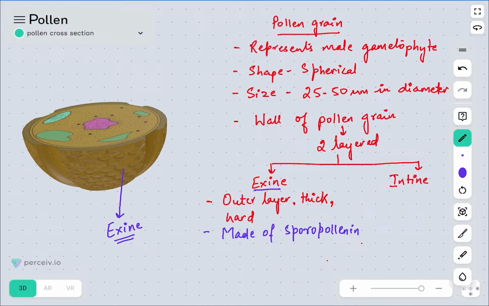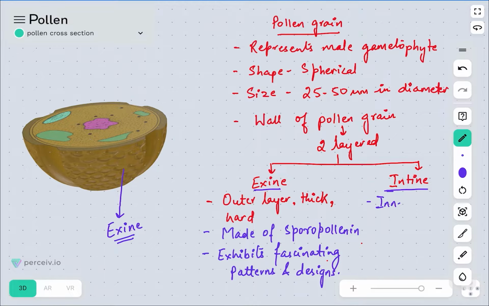This exine exhibits fascinating patterns and designs, which are not found in the intine layer. The intine layer is the inner layer of the pollen grain, which is thin.